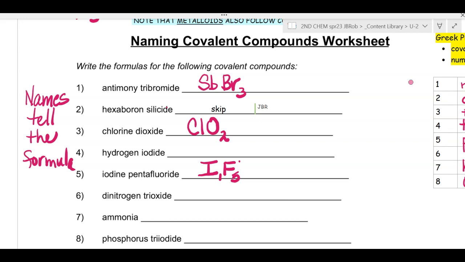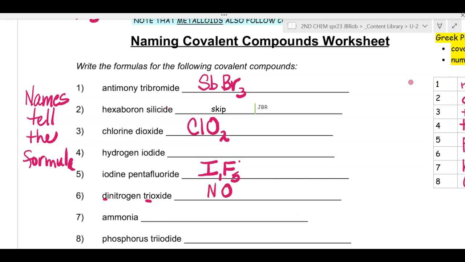Now, try dinitrogen trioxide. So here we have a Greek prefix before nitrogen and a Greek prefix before oxide. All right, so let's see what you can do. We know there's nitrogen and we know there's oxygen.